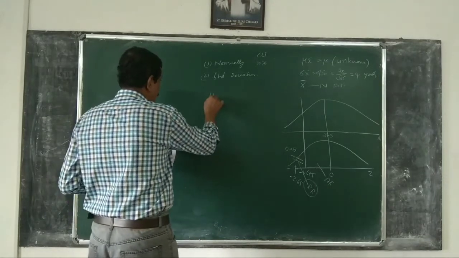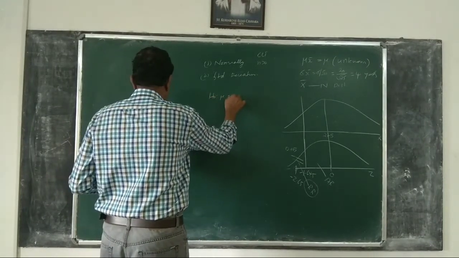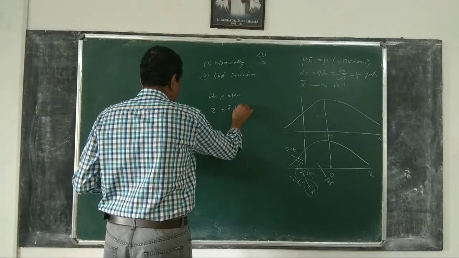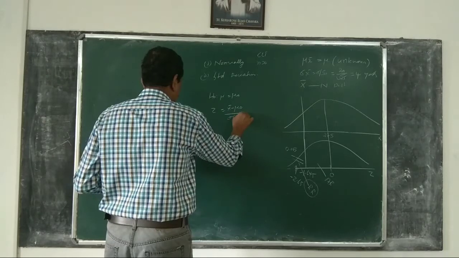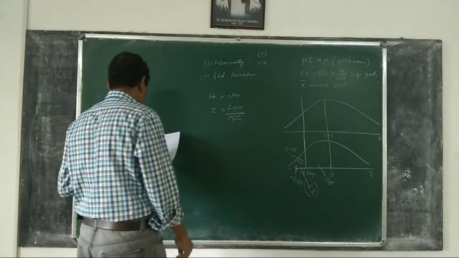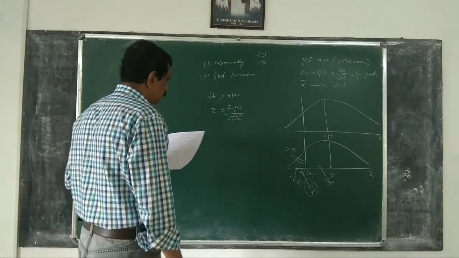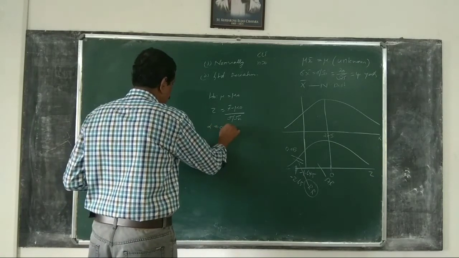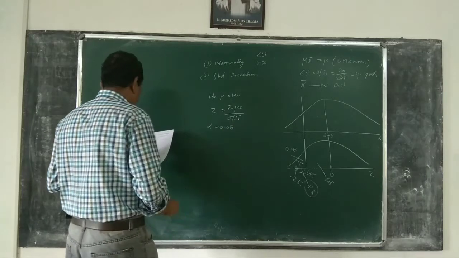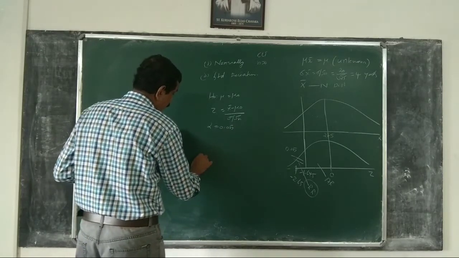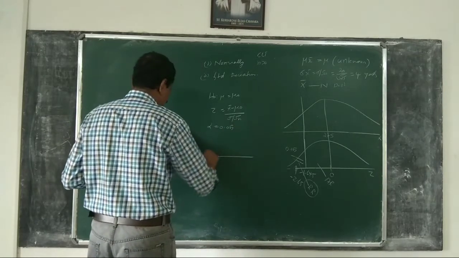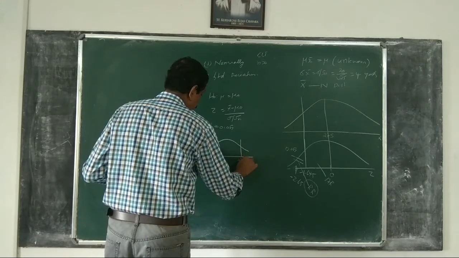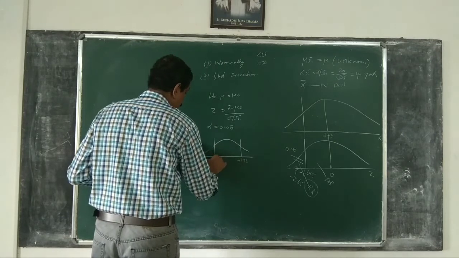So H0 is mu equal to mu 0. Then Z is equal to x bar minus mu 0 by sigma by root n, the test statistic. And if alpha is 0.05, for a two-tailed test, remember this, the critical values are plus 1.96 and minus 1.96.